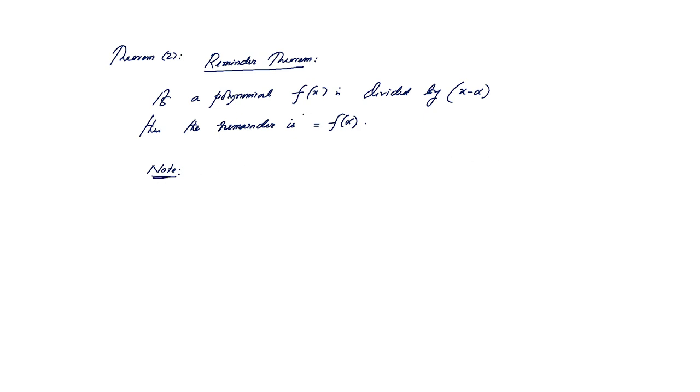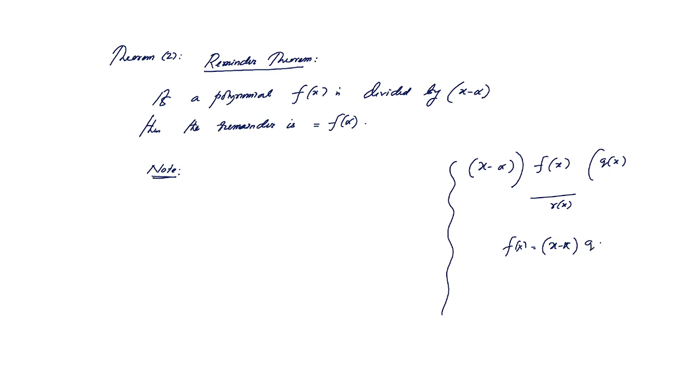So if we apply the division algorithm, f(x) divided by x minus alpha, we get q(x) and r(x), and the degree of r(x) is less than the degree of x minus alpha, or r(x) equals 0. So we can write f(x) equals x minus alpha times q(x) plus r(x).